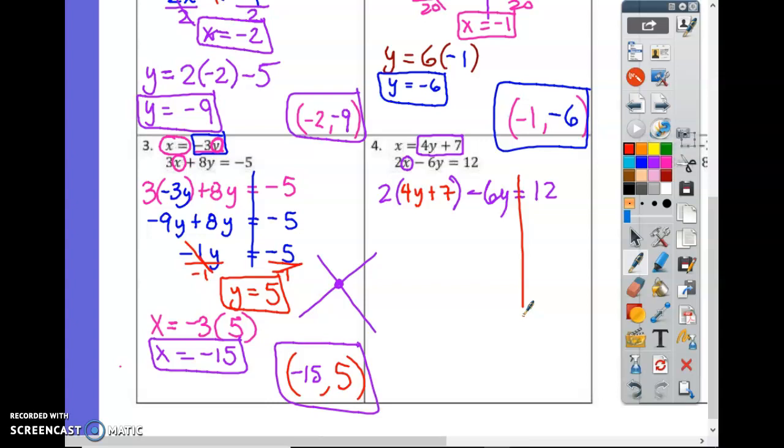We're going to distribute. 2 times 4y is 8y. 2 times 7, 14, positive 14. Everything else comes down, minus 6y equals 12.